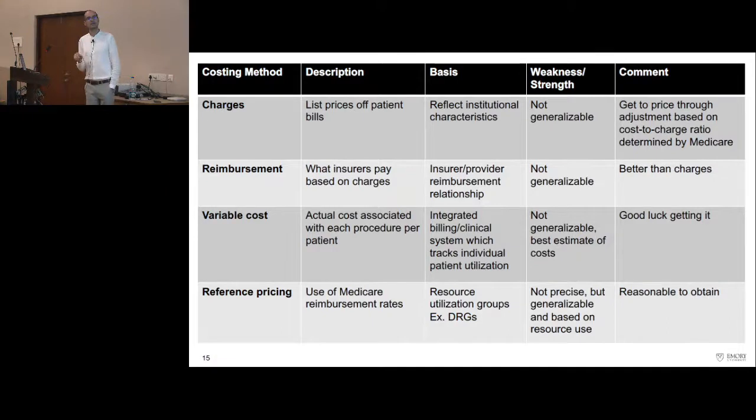Finally, I don't really know how much this applies here in India, probably not. In the US, there is one national payer. It's called Medicare. It's a health insurance program for the elderly provided by the government. And given that it's a national program, they have a fixed price for every service.